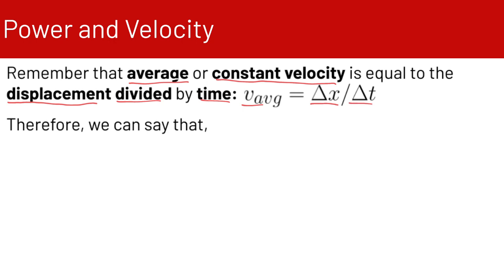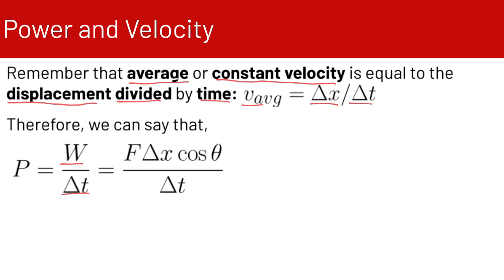Therefore, we can say that power is equal to work divided by delta t, just as we saw earlier, which means that F times delta x times cosine theta divided by delta t is equal to power.